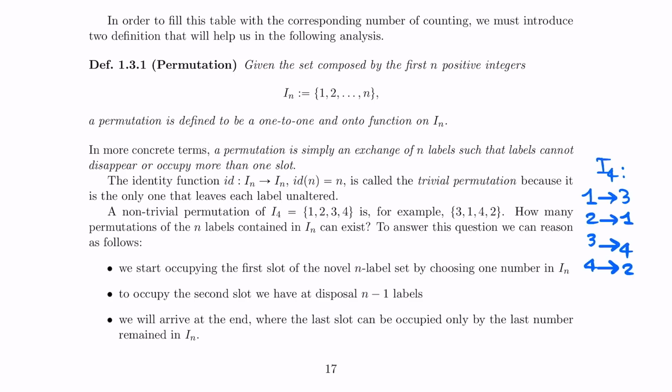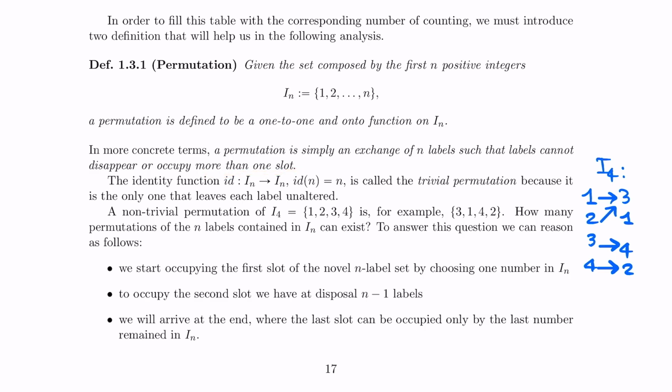A non-trivial example for the set I_4 is this permutation here, in which 1 is exchanged with 3, 2 with 1, 3 with 4, and 4 with 2. However, if, for example, you remove this correspondence and you apply 2 to 3, then this is not a permutation. This is because the label 2 occupies more than one slot.